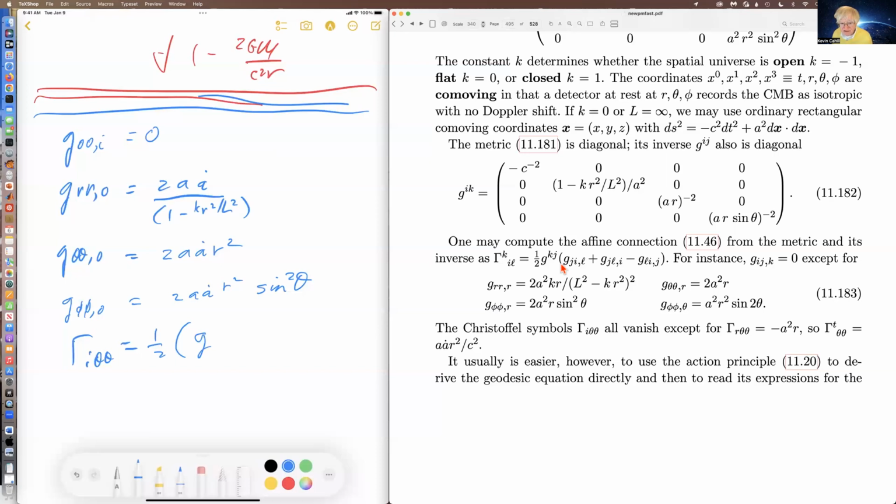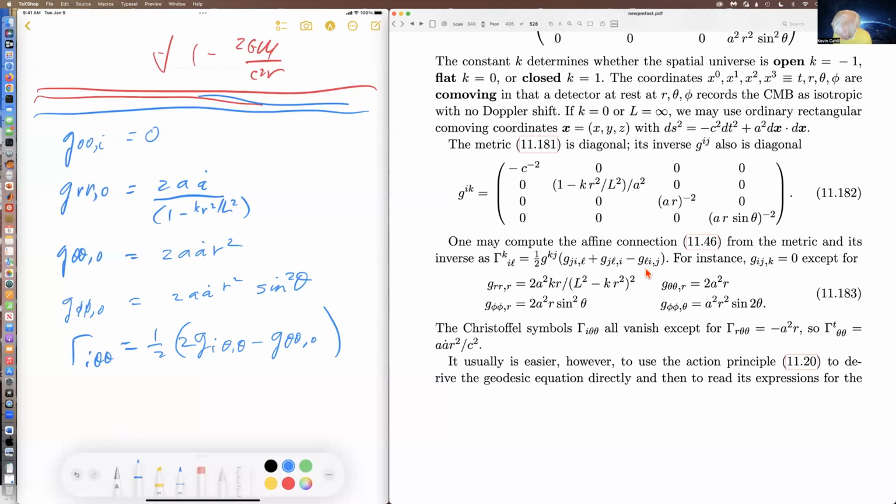Well, this would be G I theta, comma theta, plus, I think it actually comes out to 2 this, and then minus g theta theta, comma 0. What did I do?